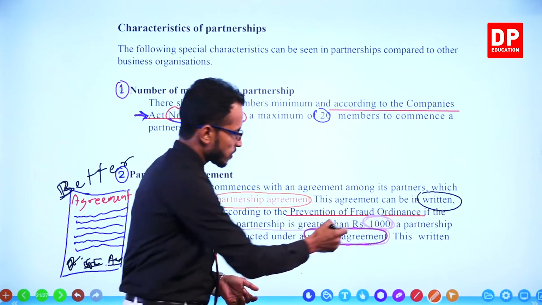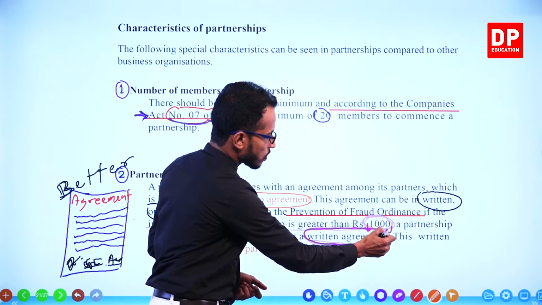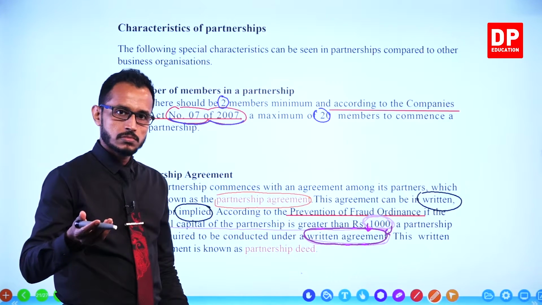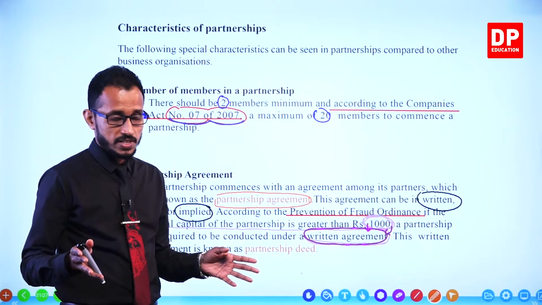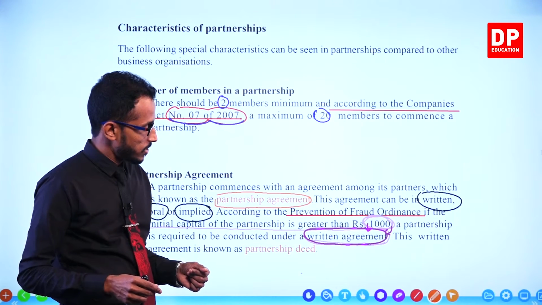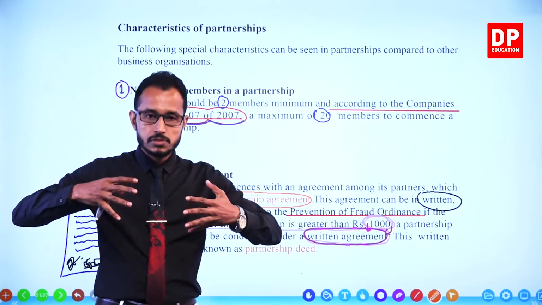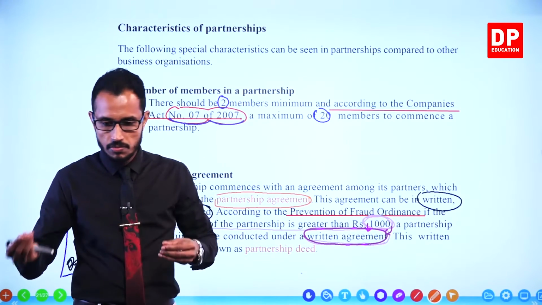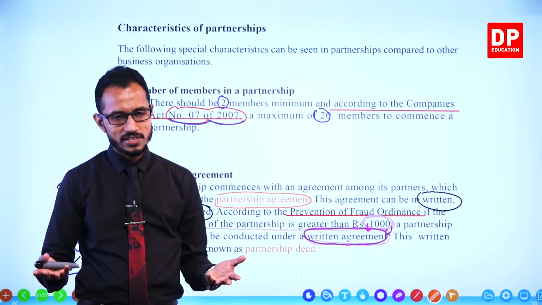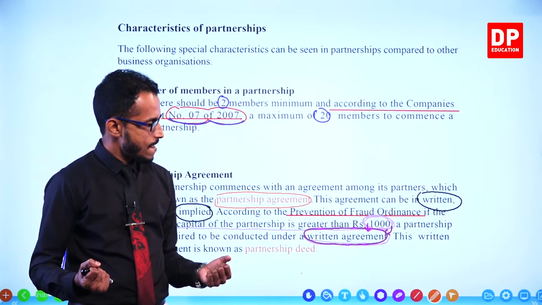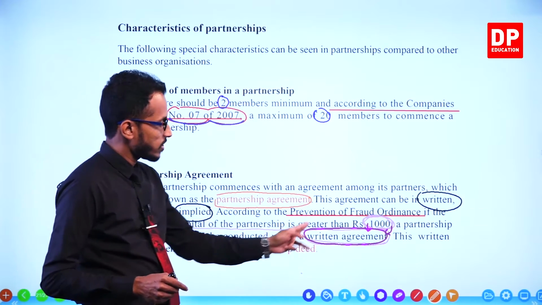Well, that's not a big amount, right? If the partners get together and let's say one puts 500 and the other puts another 500, it's 1,000 rupees. If it is more than 1,000, the partnership business must have a written agreement.